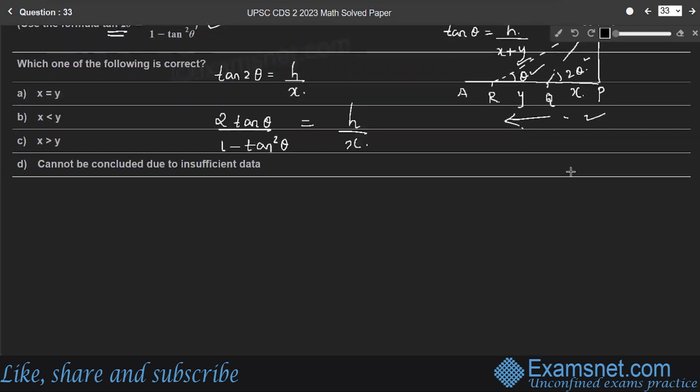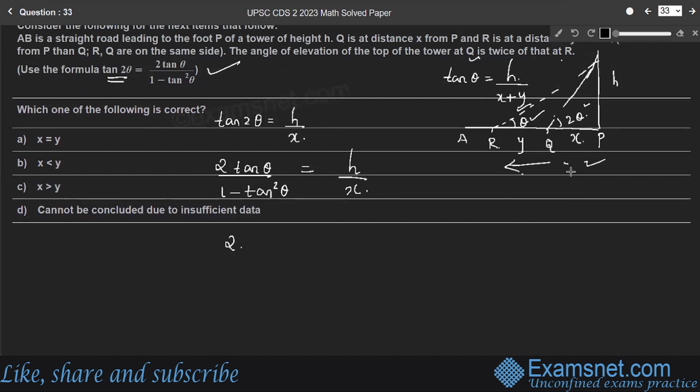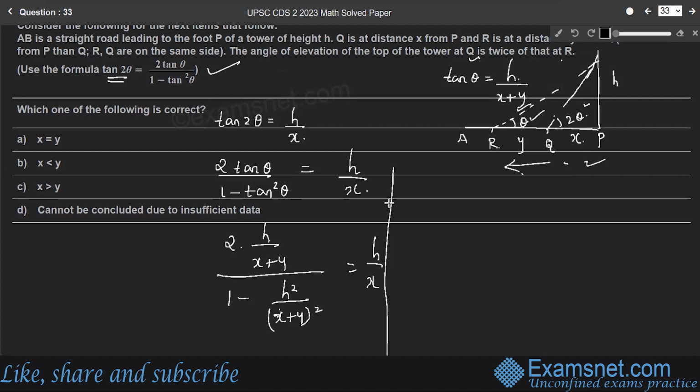Therefore, 2 tan theta can be written as 2 into, right? So h by x plus y, h by x plus y whole divided by 1 minus tan square theta, h square by x plus y the whole square is equal to h by x, right? So we'll simplify this, right?